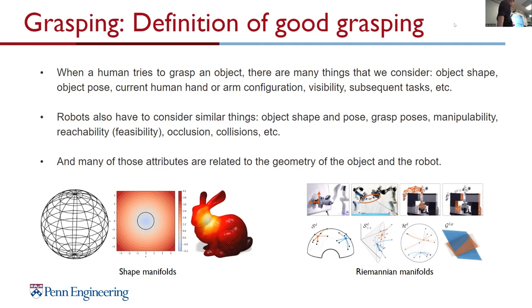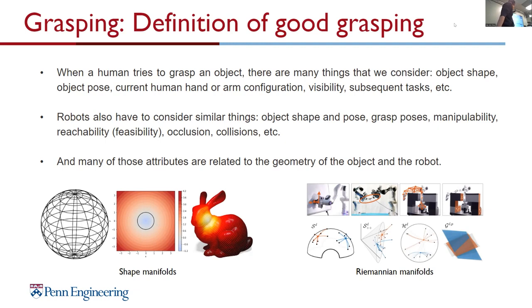Many of those things are related to the geometry of the object and the robot. Grasp object shape is actually a manifold, and grasp pose, which is the end-effector pose, is a Riemannian manifold, and manipulability is an ellipsoid, or you can think of it as a positive semi-definite matrix, which also lies in a Riemannian manifold.